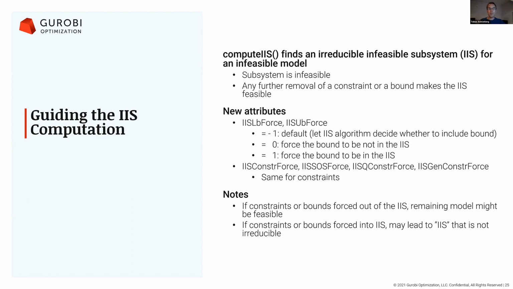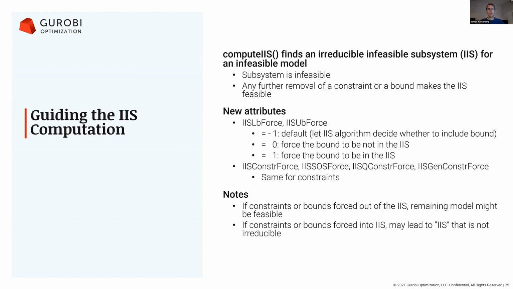So now we have introduced new attributes, namely these IIS force flags that you can set. For each of the bounds, lower bound and upper bound, you have such a force flag, and for each constraint, you can set this force flag. The default value of -1 is just the usual thing. So Gurobi should find out by trying it inside the IIS algorithm whether this constraint or bound needs to be part of the infeasible subsystem or whether it can be removed so that the subsystem is still infeasible.